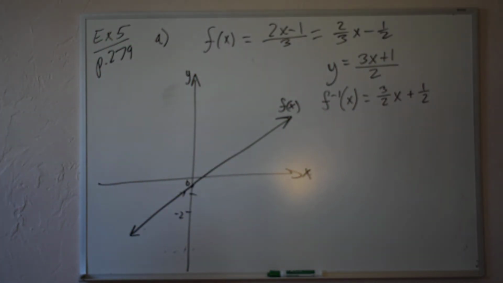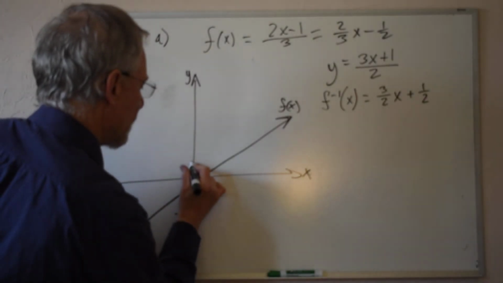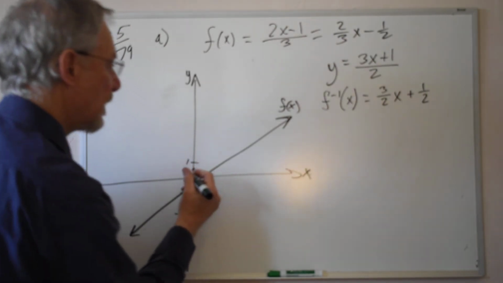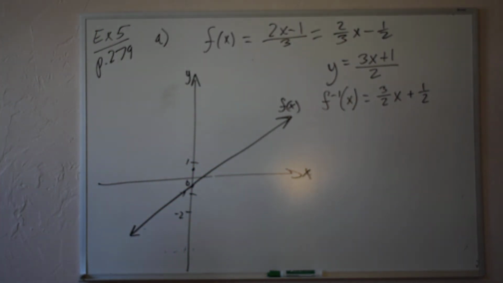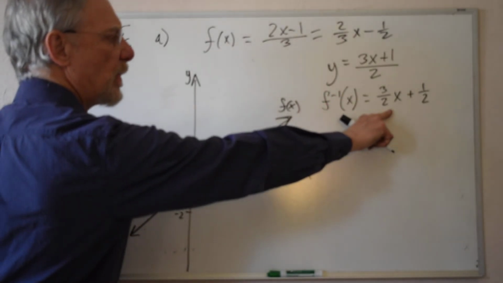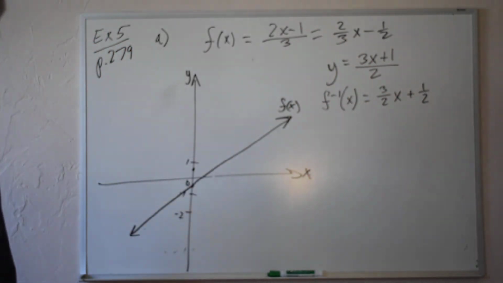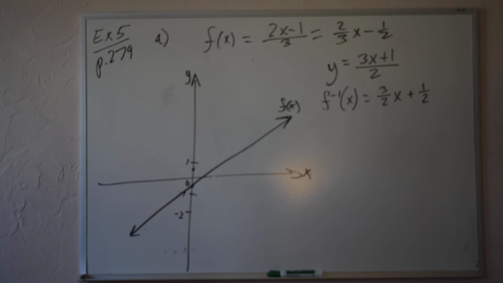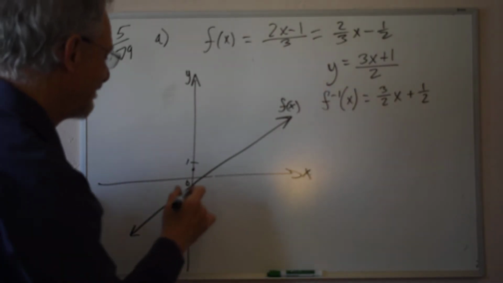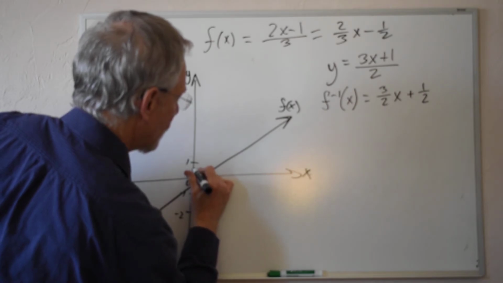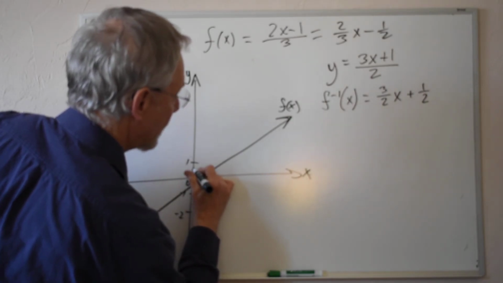Now let's graph its inverse. Here, the y-intercept is at positive 1/2. The reverse of this. And the slope is 3 over 2. That's the inverse of 2/3. Is that coincidence? I don't think so. Slope of 2/3, still going up, but not as steep.